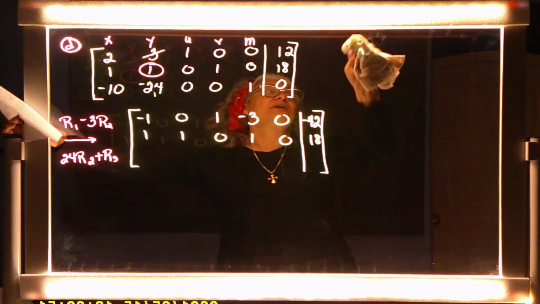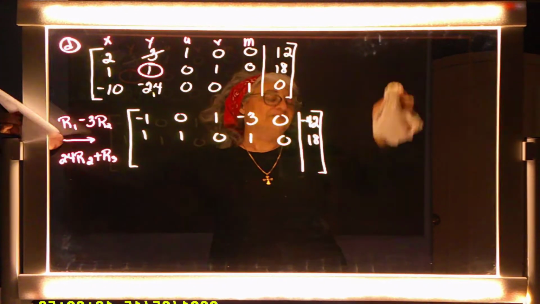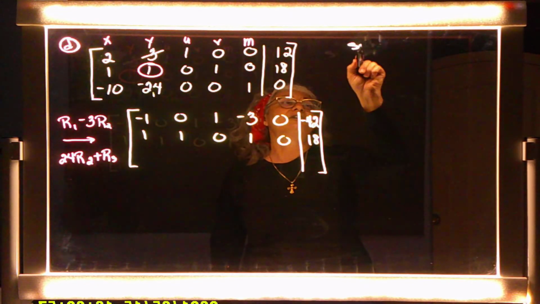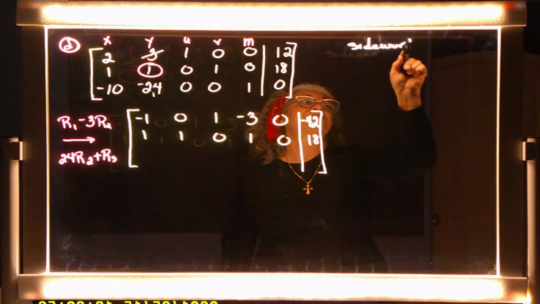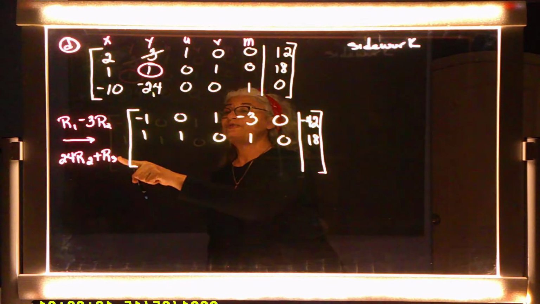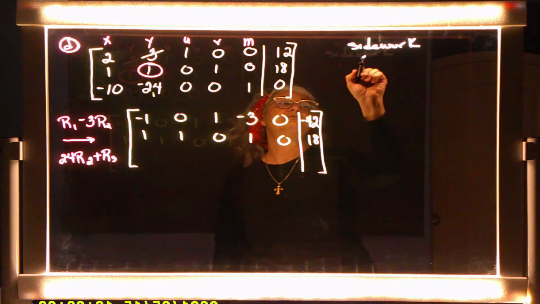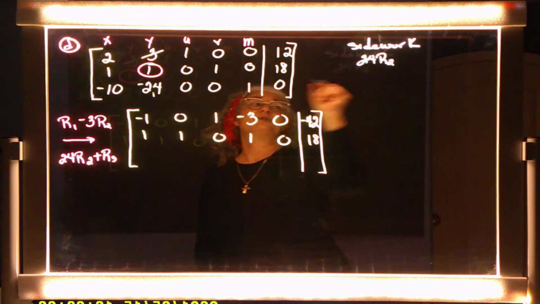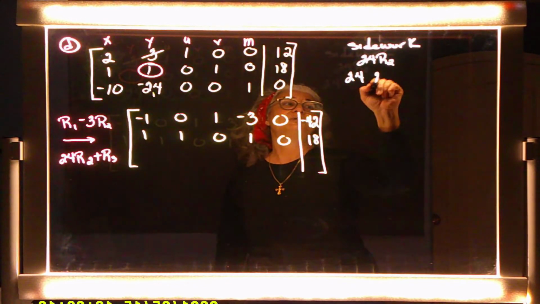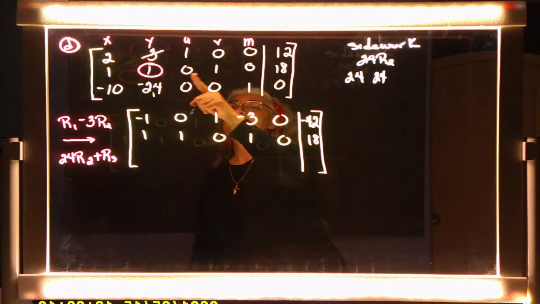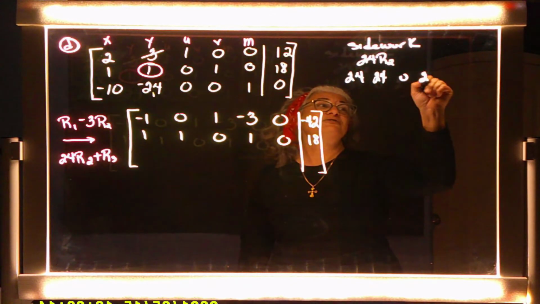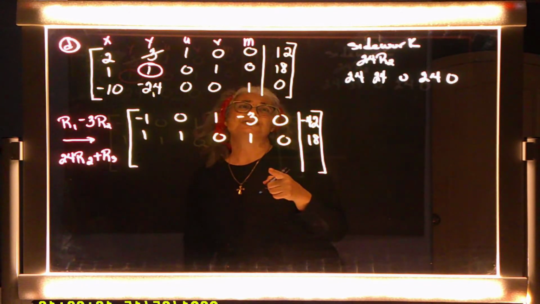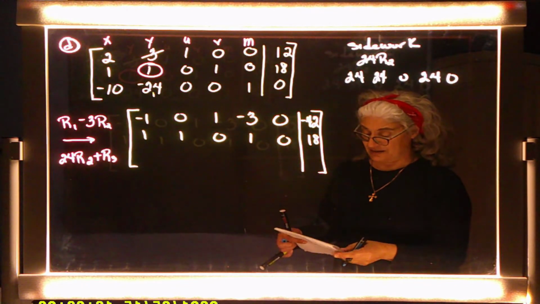So why don't we go ahead and do that side work together till we make certain we're both on the same page. So, side work. We got to do 24 times the second row. So let's see what that looks like first. So that's 24, 24, 0, 24, 0, and then we got 24 times 18.